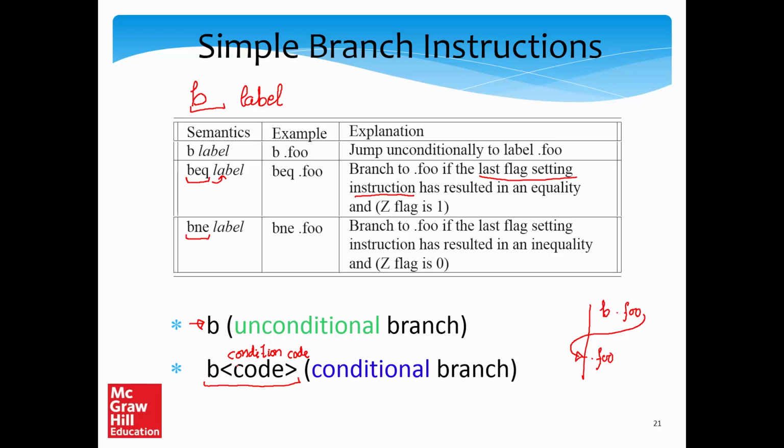This is the format of the branch instruction, where we first have the letter B, and then a condition code for the branch. One example of this would be BEQ, where EQ is the condition code for equality, and the other would be BNE, where NE is the condition code for lack of equality. So we have many such branches and condition codes.